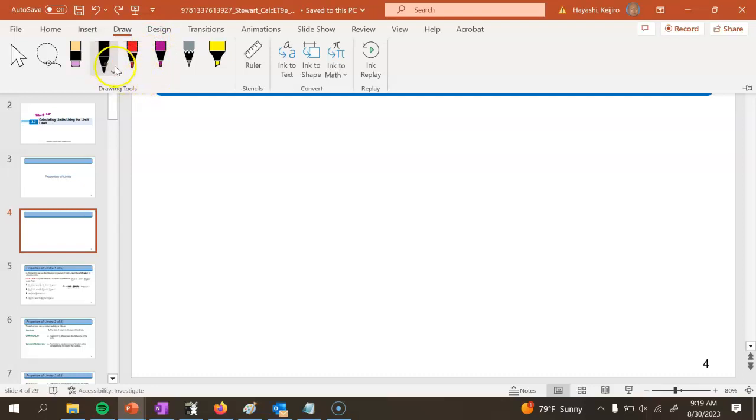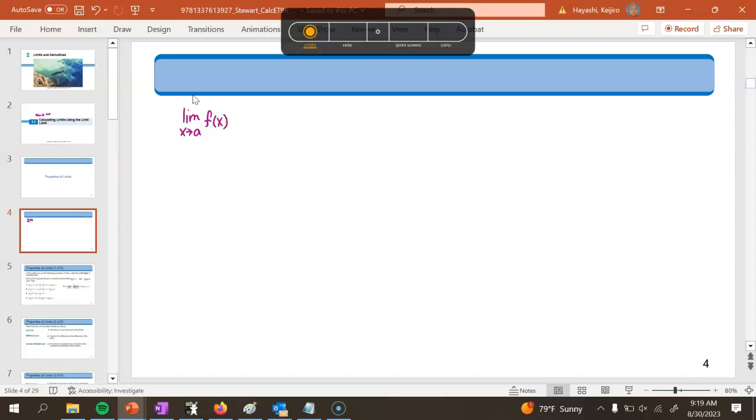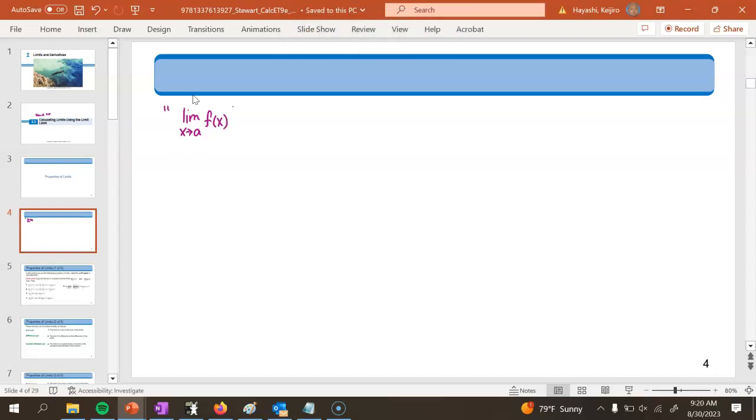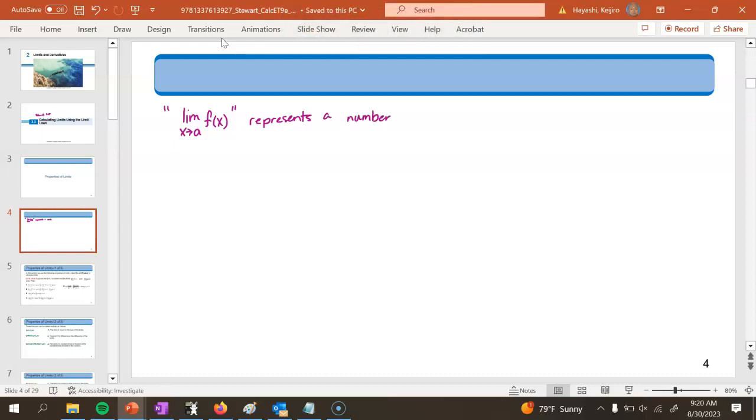Limits, like this limit statement right here, this expression represents a number, if it exists.